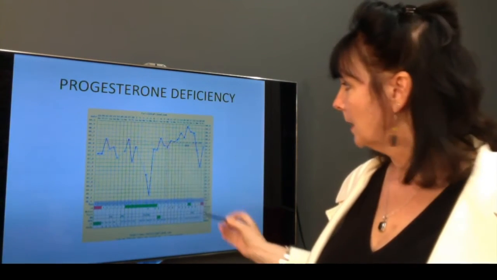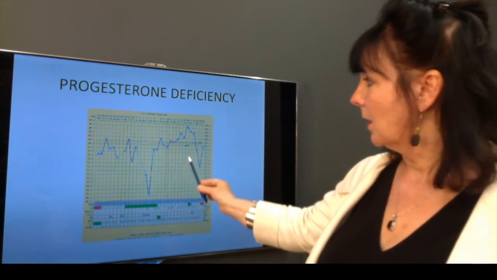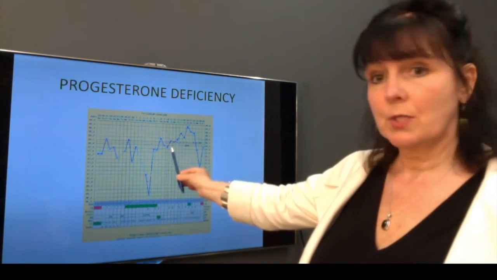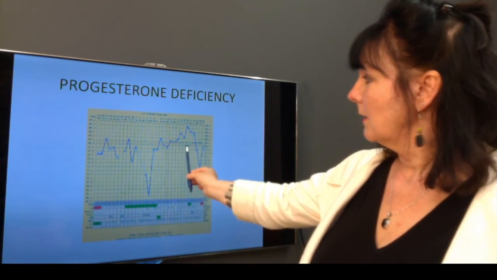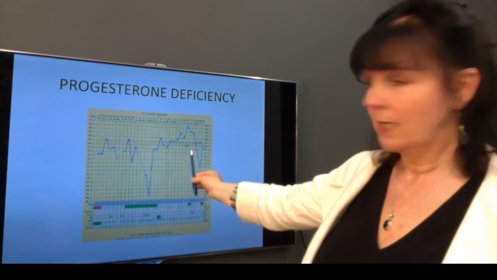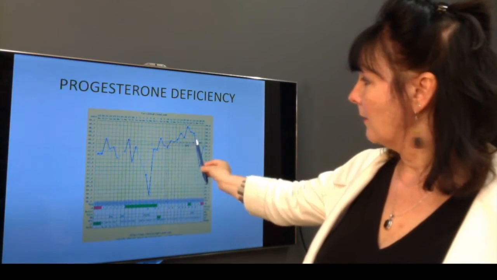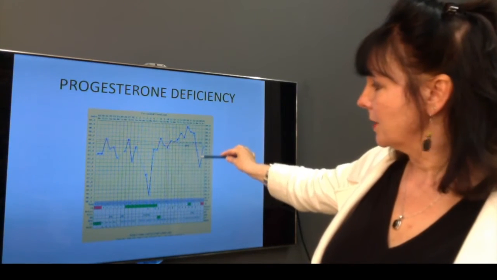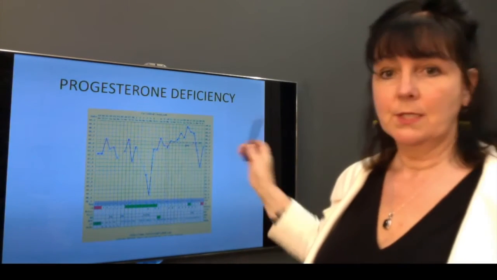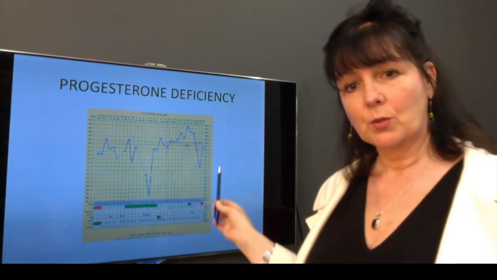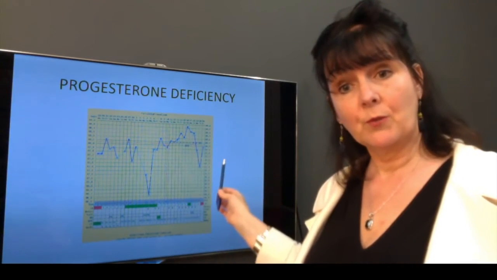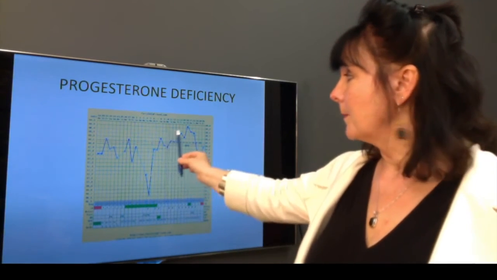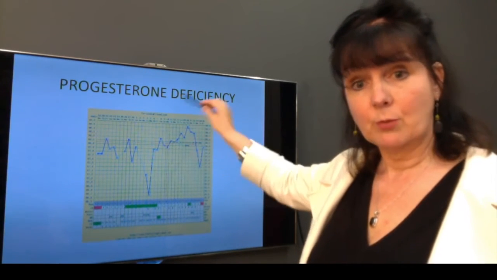So what you can see from this chart is a short luteal phase. So if you look at DPO, days post-ovulation, we only have 8 days before the temperature starts to drop down, which is not long enough, and we would want to be doing some work to improve the length of time and improve the levels of progesterone.